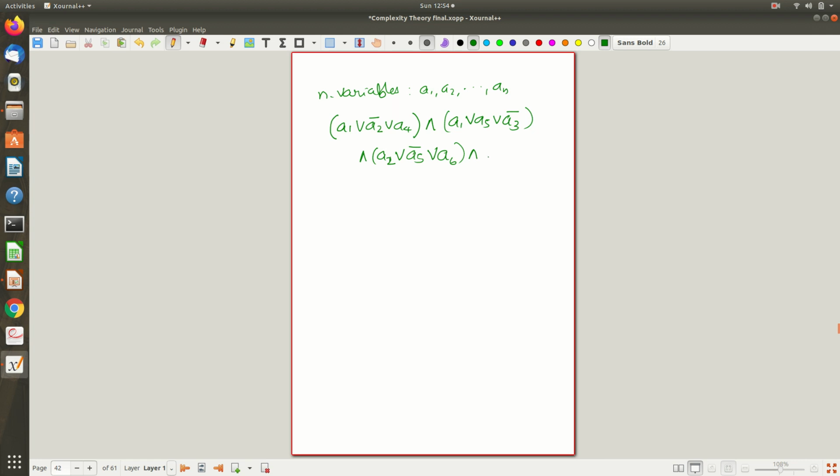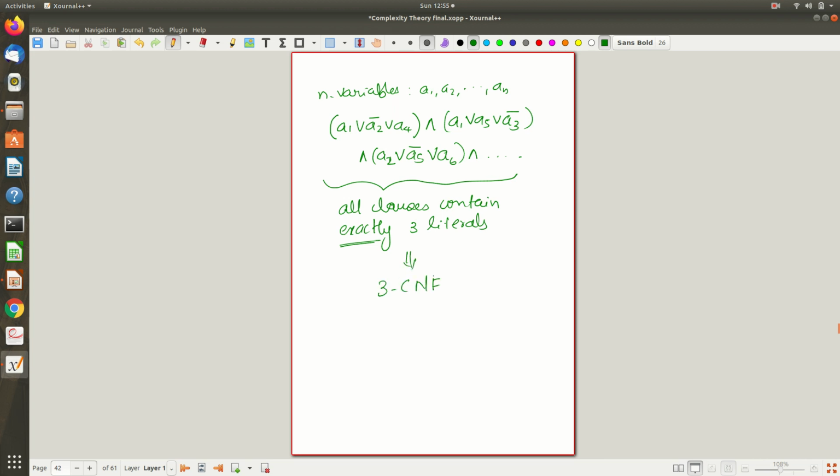So can you observe something here? If you look at any clause, you can see exactly 3 literals, right? All clauses contain, see this word is important, exactly, not less than or greater than, exactly 3 literals. Such a formulation is what we call 3 conjunctive normal form.